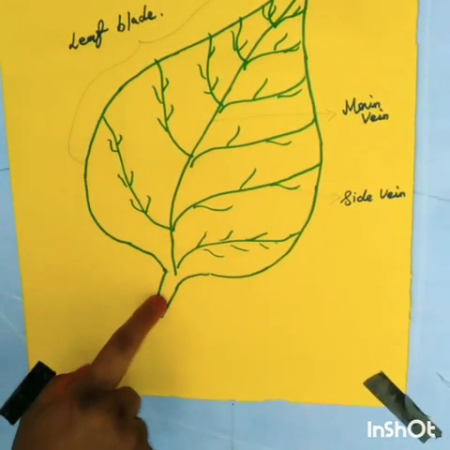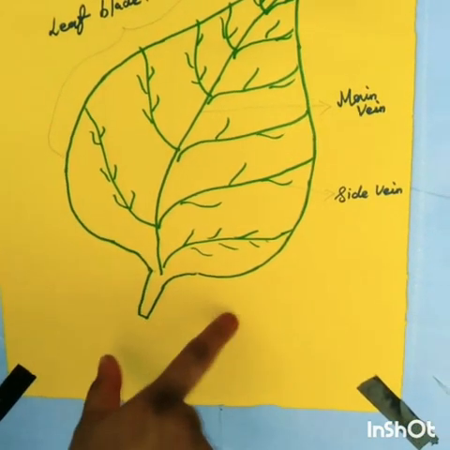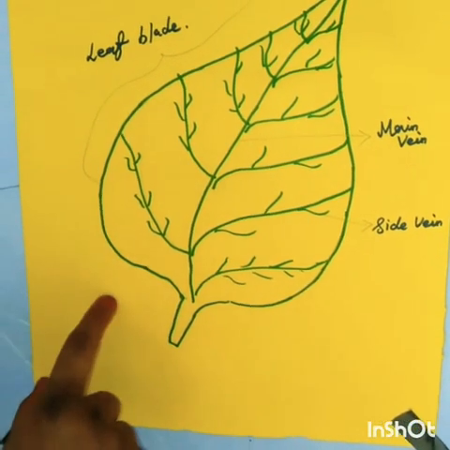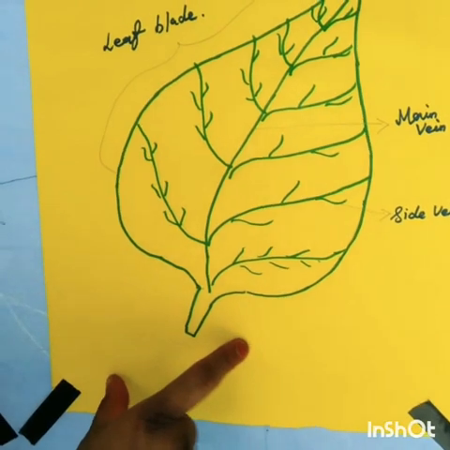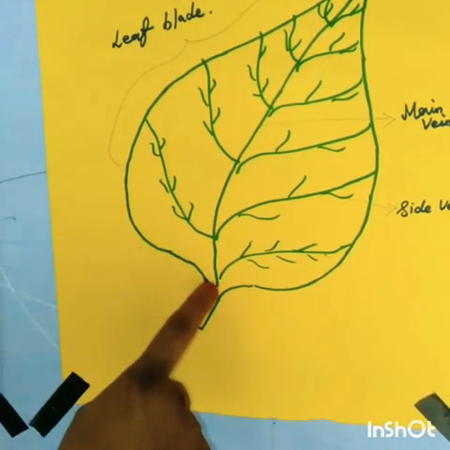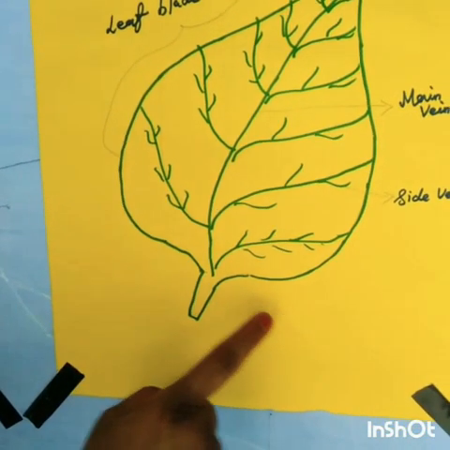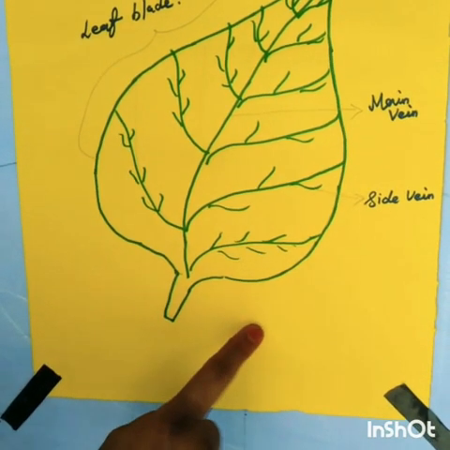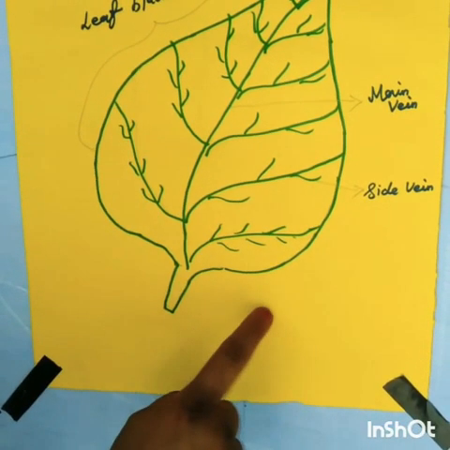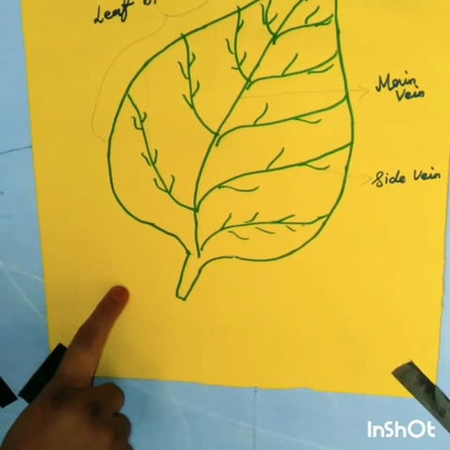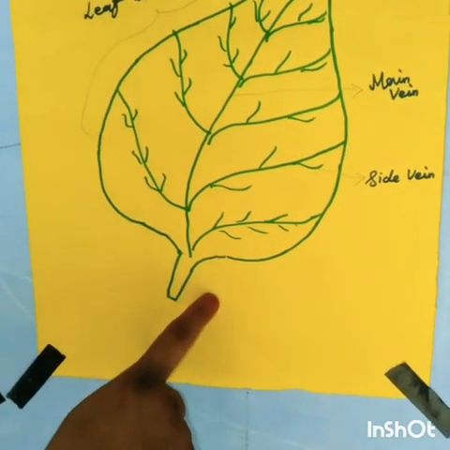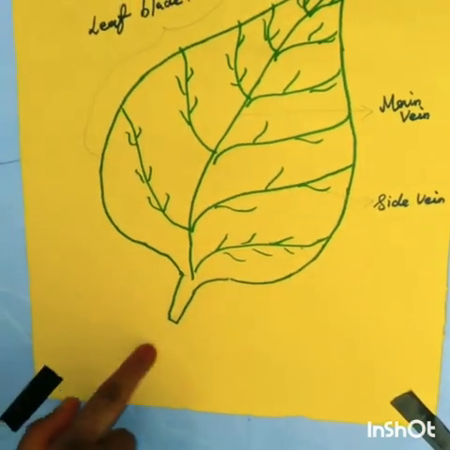Plants use the leaves, air, sunlight and water to prepare the food. That food is starch. This process is called photosynthesis. Due to this reason, leaves are called the food factory of the plant.